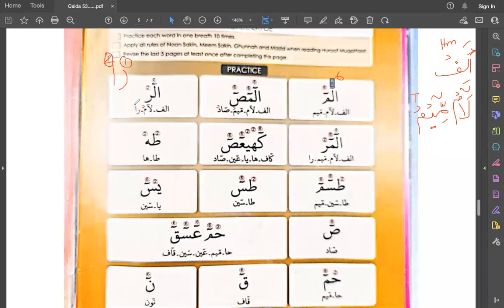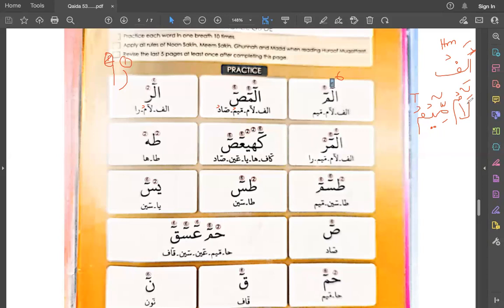Ra will be 2 counts long because there are 2 letters in this letter if you wanted to write it in full. There is alif, then lam will be 6 counts because there are 3 letters in it. And mim will be 6 counts because there are 3 letters in it. Mim and ra. Ra will be 2 counts.